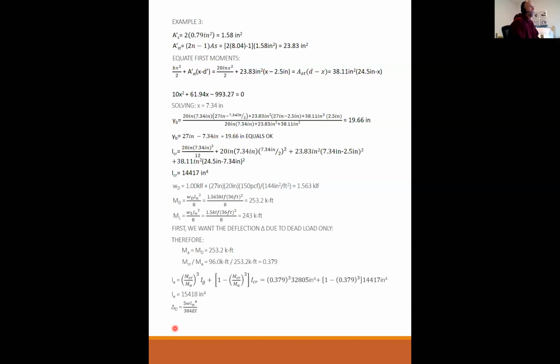If you're designing a slab, everything's in pounds per square foot. But when you run pounds per square foot, you design a slab for a 1 foot width, remember? So pounds per square foot on a slab really is pounds per lineal foot because you're only looking at a 12-inch wide piece of slab.